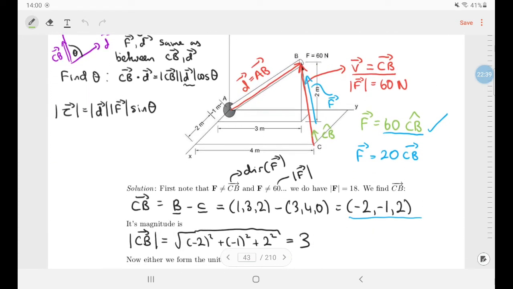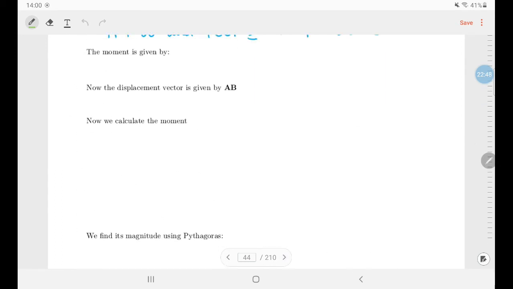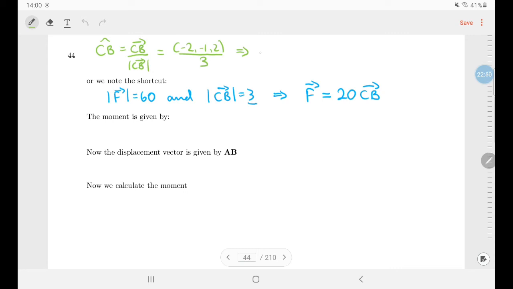So I get this little green thing, but the force is 60. That's length 1, the little green length 1. If I want to get the force, I need to multiply that by 60. So I get that the force is equal to 60 times CB hat, which is 60 times this thing.